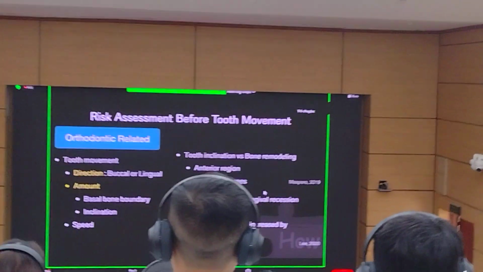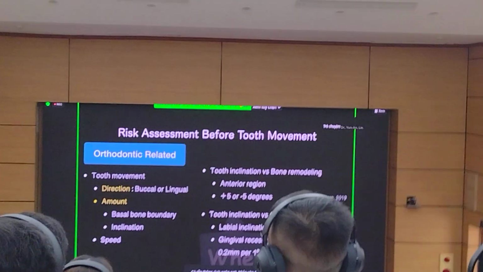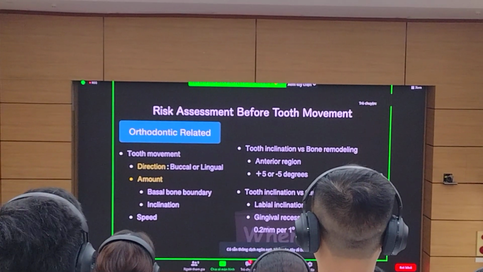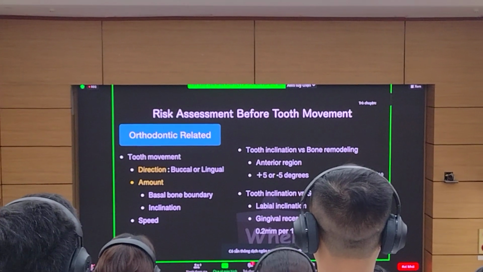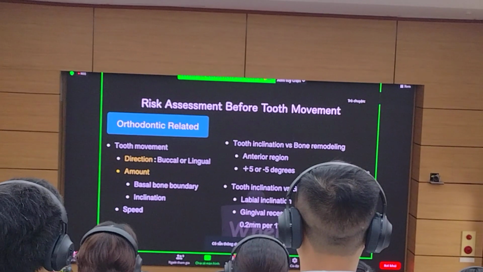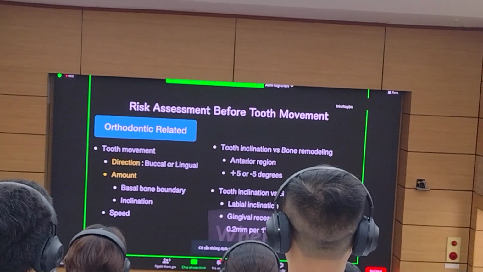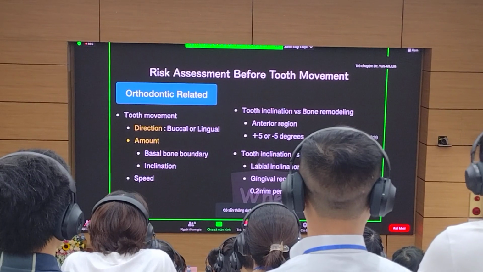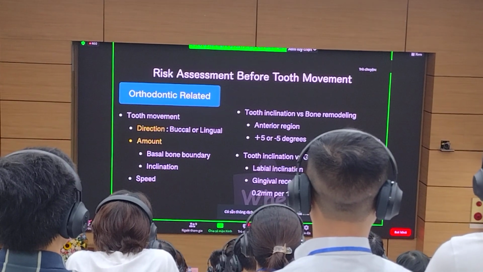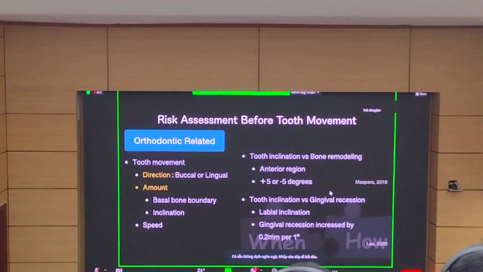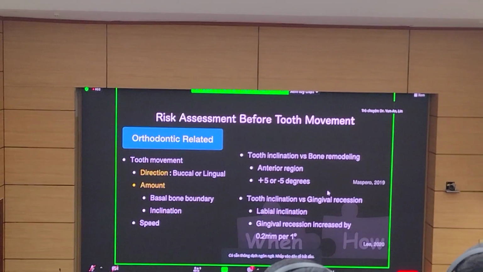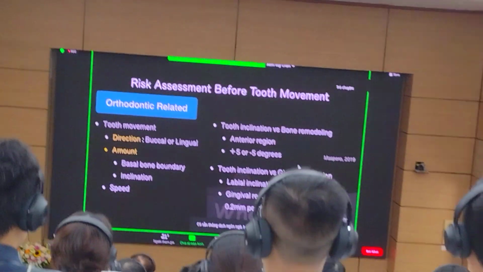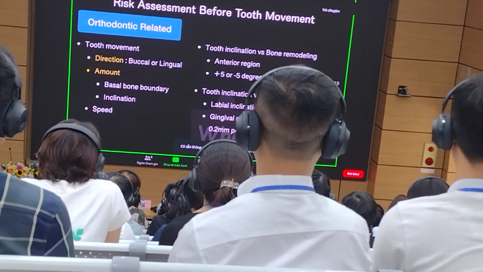About the direction and amount of movement, an Italian group published the correlation between tooth inclination and bone remodeling. They found that when tooth inclination exceeded 5 degrees, the bone remodeling was more apparent. They also demonstrated that the anterior region was the most affected area. In another Korean group, they investigated the relationship between tooth inclination and gingival recession.